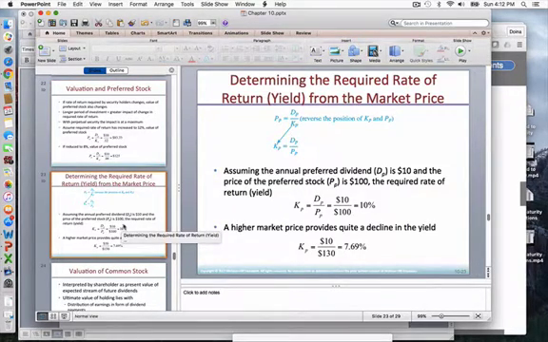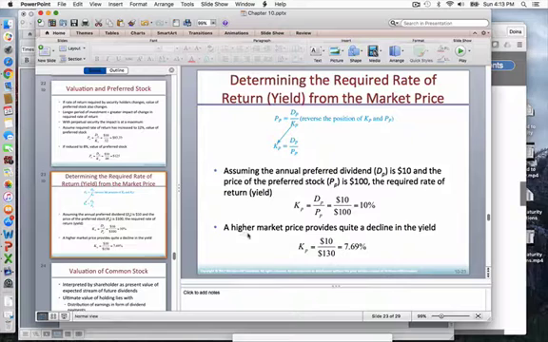Sometimes you want to calculate the required rate of return for different dividends and different prices that stocks have. Then you have to invert this formula. That's the original formula. To calculate that, you divide the dividend by the price, and this is the required rate of return.